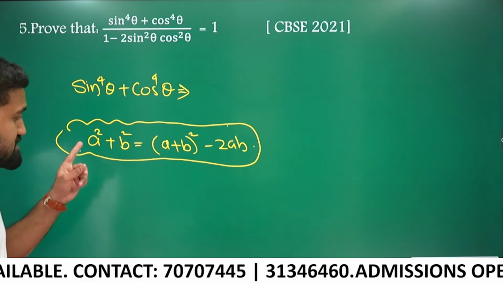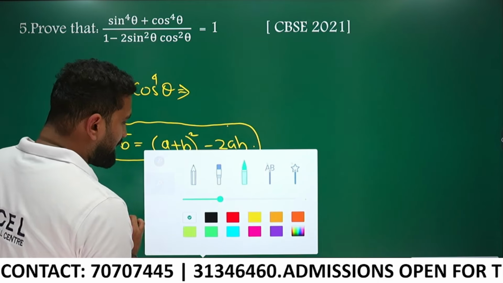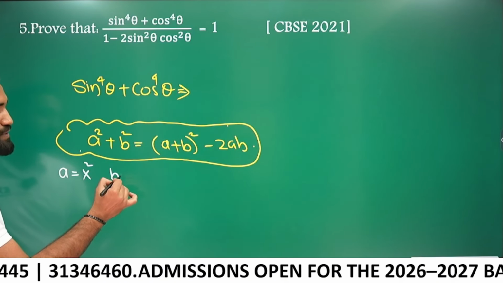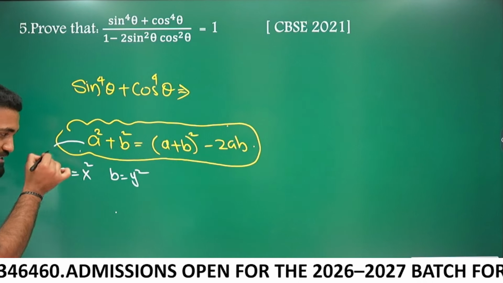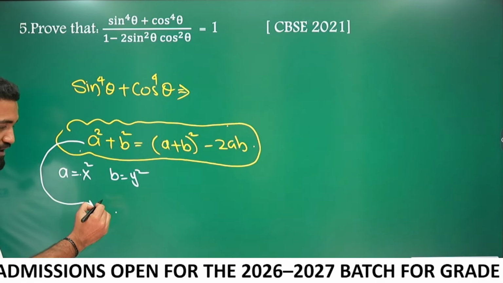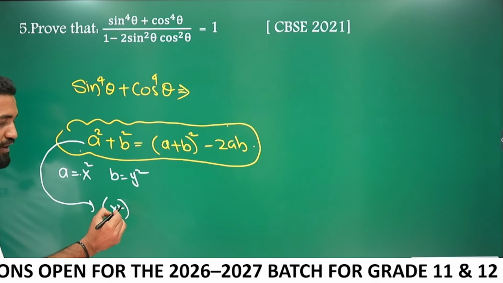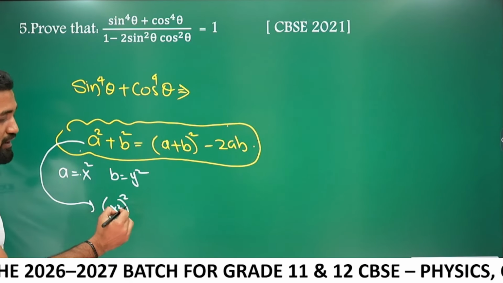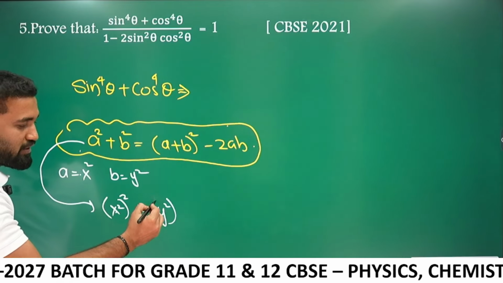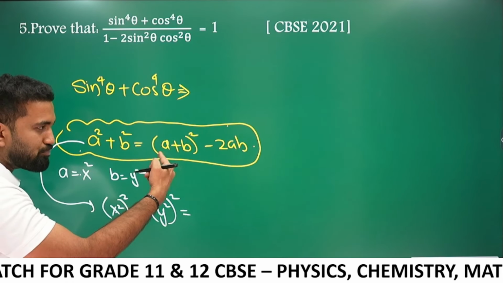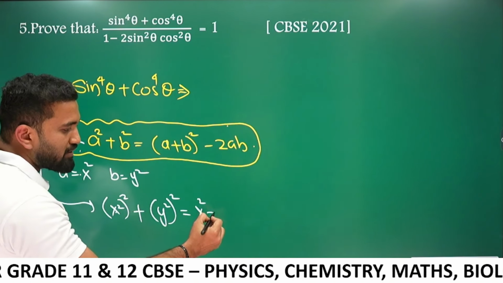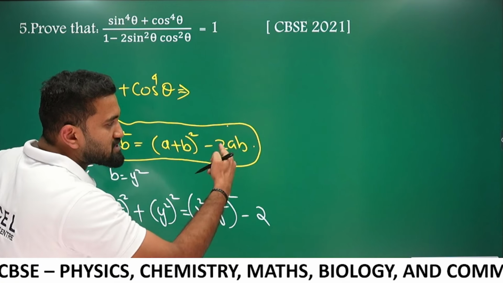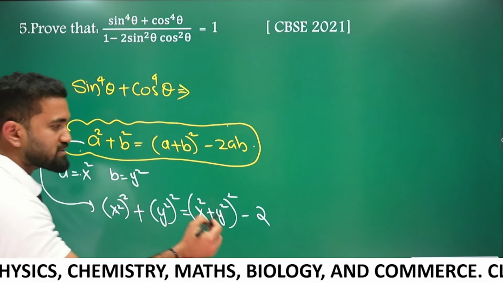If this is how a square and b square are represented, let me substitute that a is equal to x square and b is equal to y square, so that the same equation can be modified. The square of a, that is x square the whole square, plus the next one, y square the whole square, is equal to a plus b, that is x square plus y square the whole square, minus 2 times ab, 2 times x square y square.